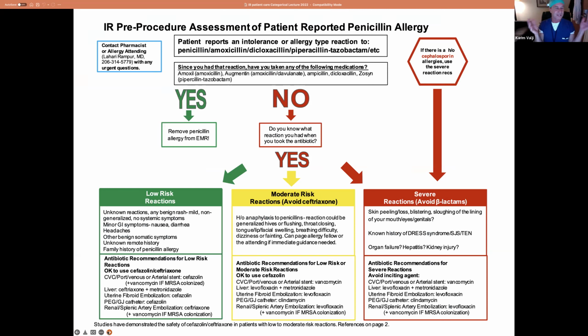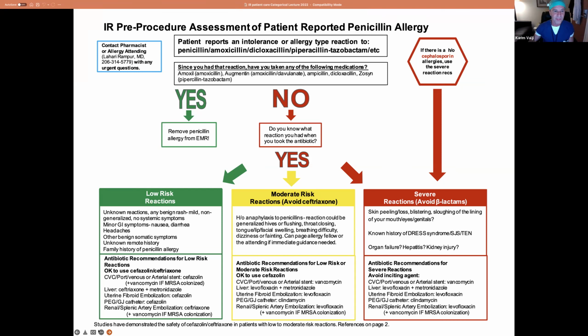This is what you do in terms of determining, is that risk factor that's documented in the chart really serious enough for me to not give Ancef in a patient, let's say with the penicillin allergy. And again, I won't go through this, but it basically involves asking the patient directly or their family, what's the real story behind this allergy that's listed?